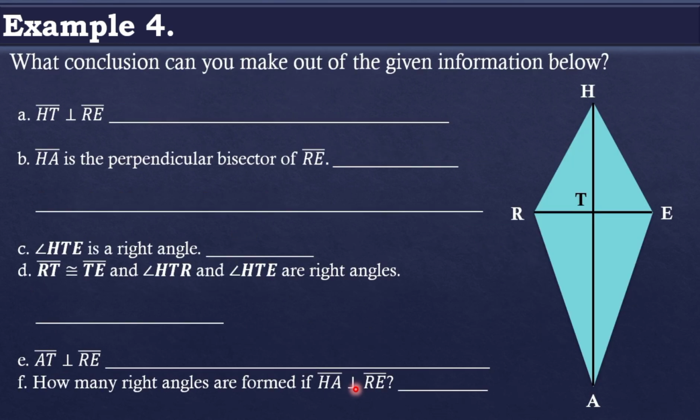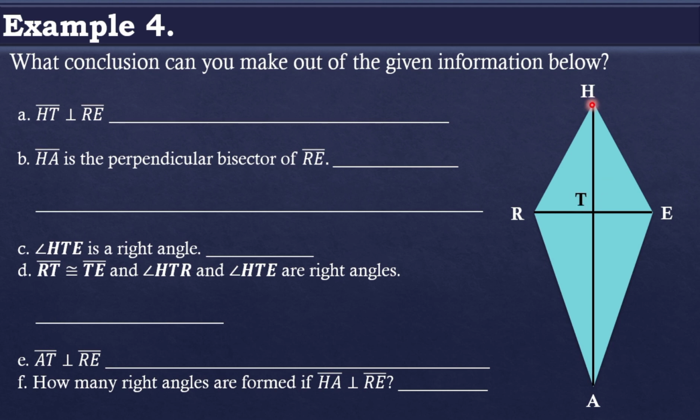So, what conclusion can you make out of the given information below? Okay. So, in this example, meron tayong segment HT is perpendicular to segment RE. Ibig sabihin, dalawang right angles ang meron siya.